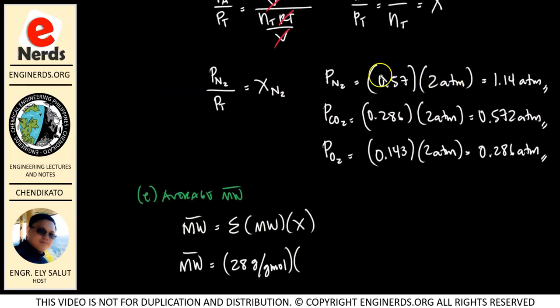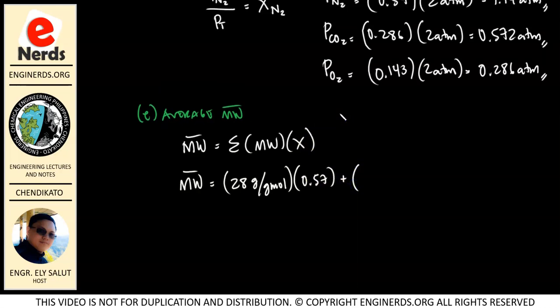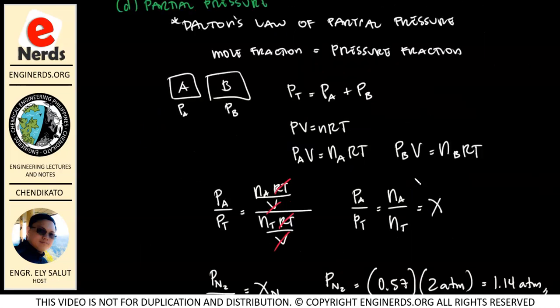So, mole fraction ng N2 natin is 0.57 plus the molecular weight of CO2. So, ang molecular weight ng CO2 kanina nakuha na natin, which is 44 grams per gram mole times the mole fraction of CO2.